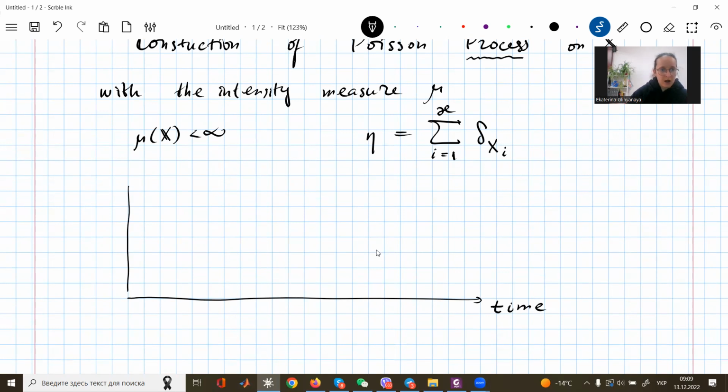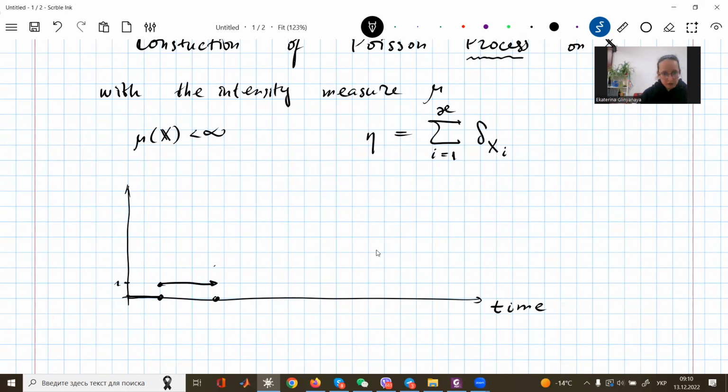And here I will mark the first time of occurrence of some event. So we have some random times, and we count the number of events that occur before time t. Here I had 0 of them, then one more, and so on.